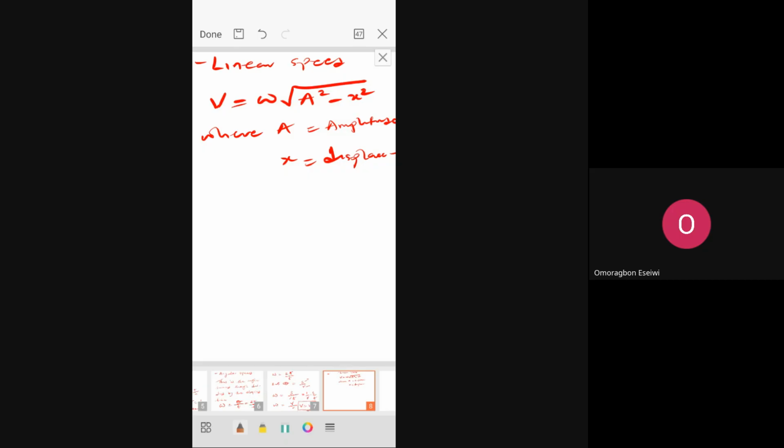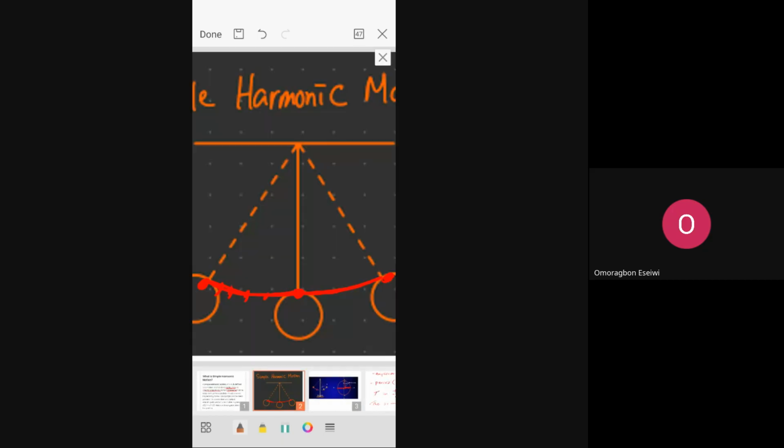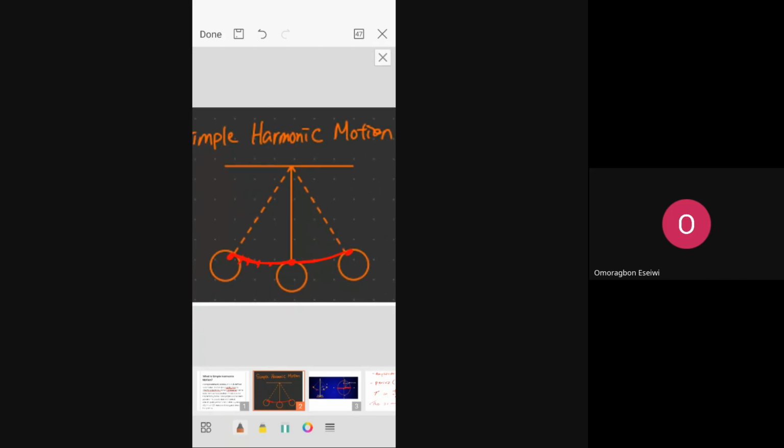Remember from this diagram, I told you that at the center, this simple harmonic motion has the maximum linear velocity. So as the object is oscillating to and fro, the linear velocity is maximum at this very point.